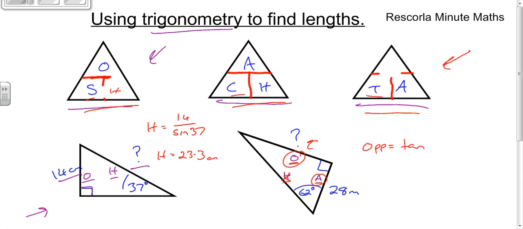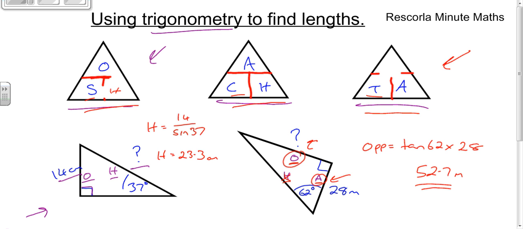So tan of the angle times the adjacent, which in this case is 28. So we do tan 62, and then we make sure we put the close brackets on that, and times 28, and we get 52.7 if we round it correctly. And that's going to be meters in this case.